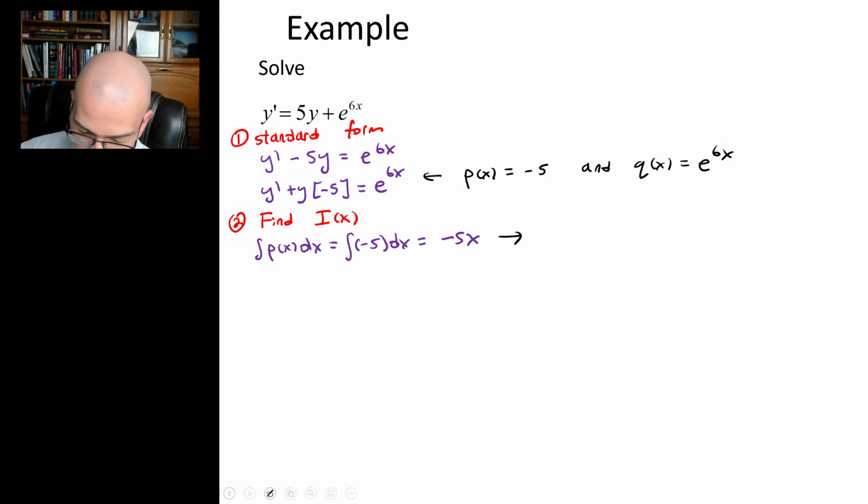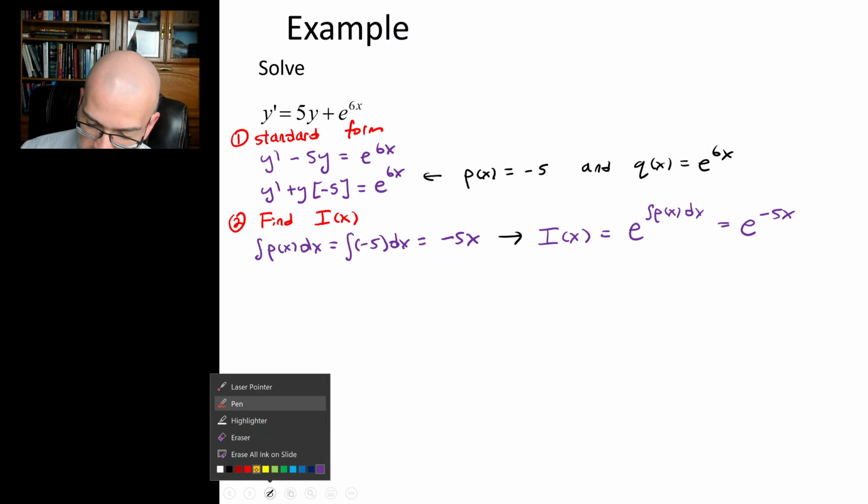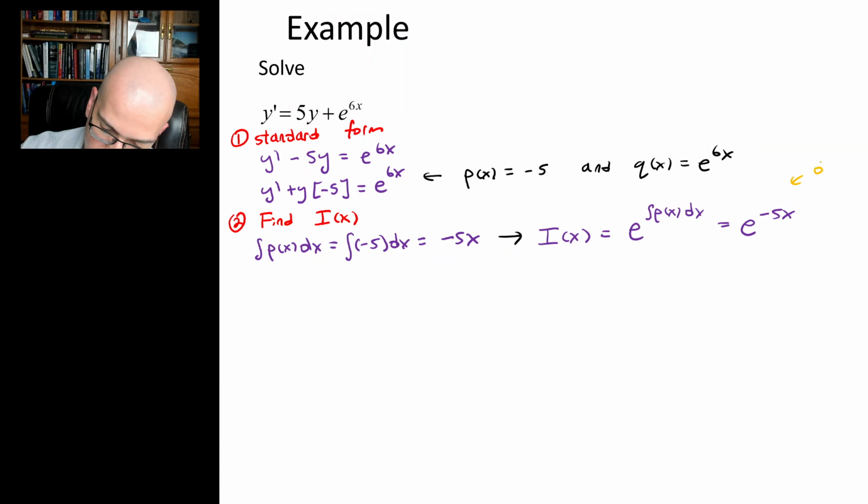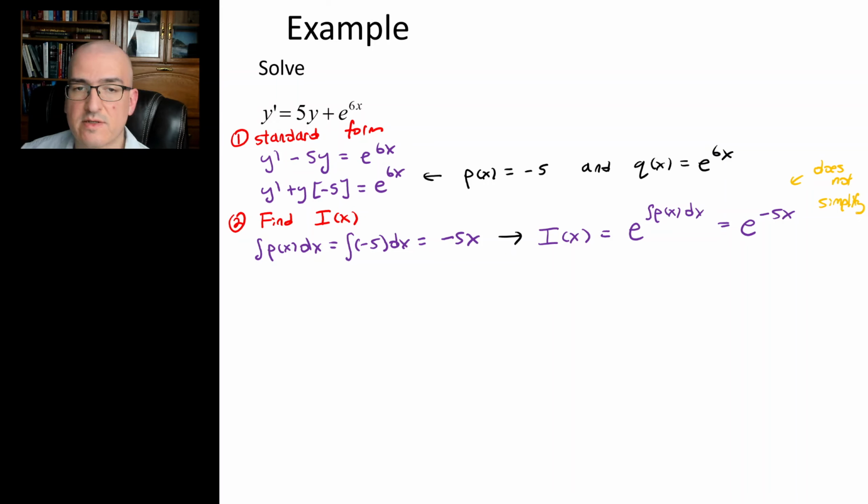Then we get I of x as e to the integral of p of x. So e to the negative 5x. And that doesn't simplify, nothing cancels. There's no log. It's not e to the negative 5 ln x, that would cancel and simplify. This one doesn't simplify.